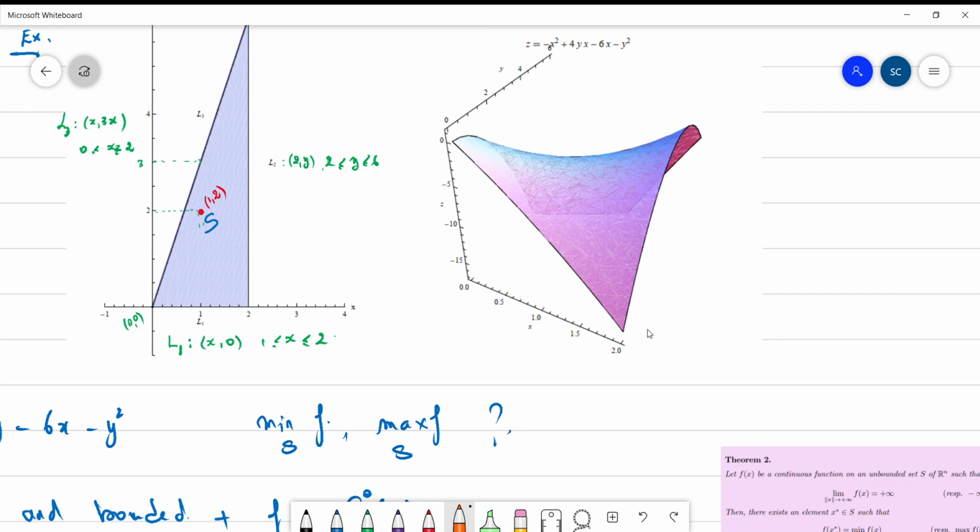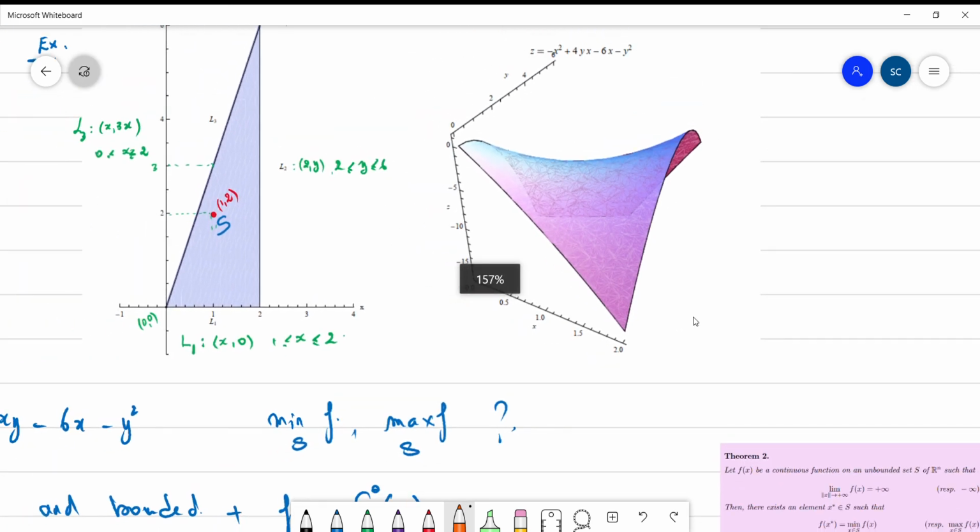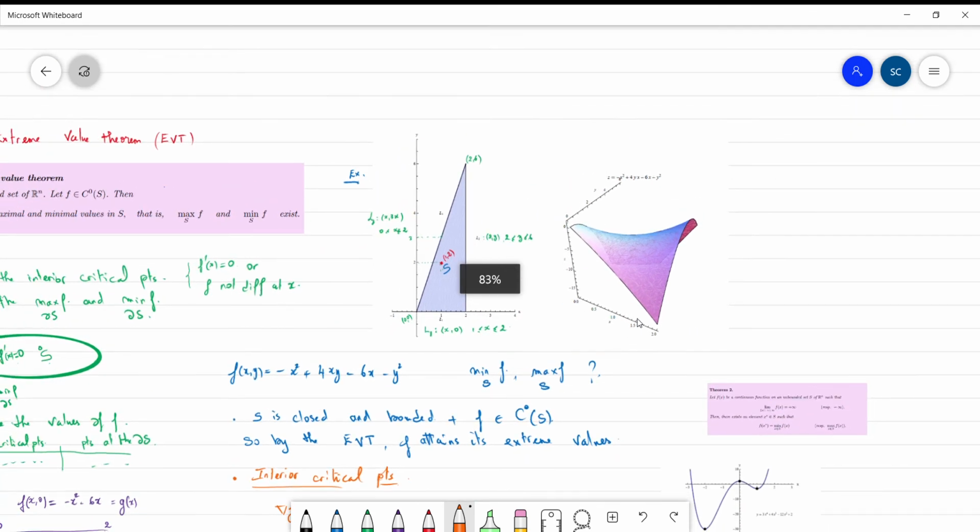So the value 0 is the maximum value. But of course, we cannot graph our surface and check each time.